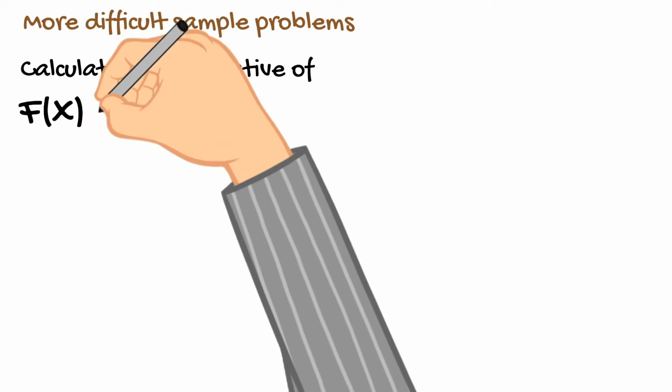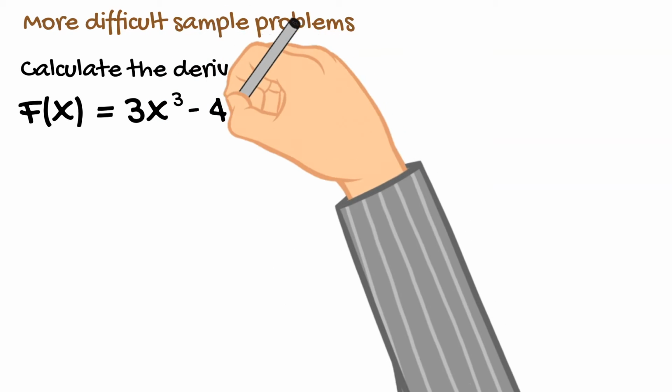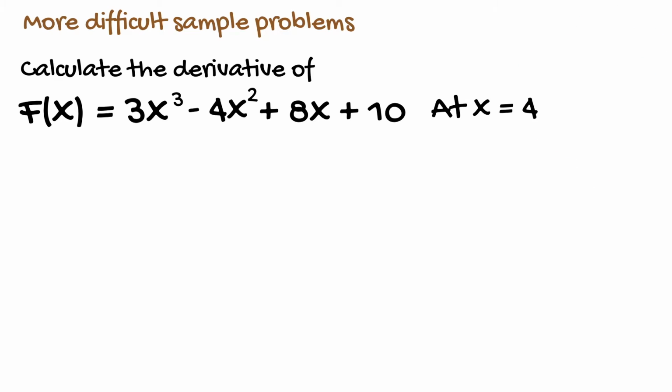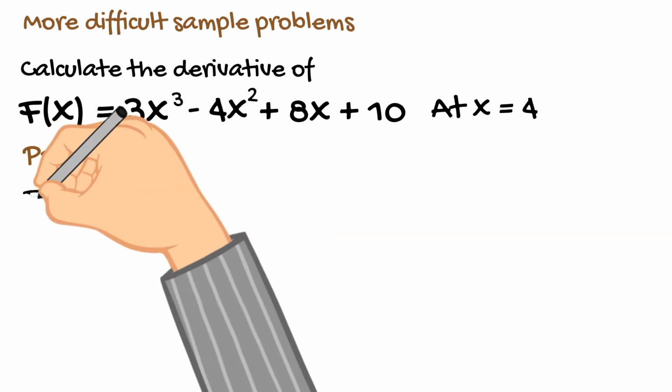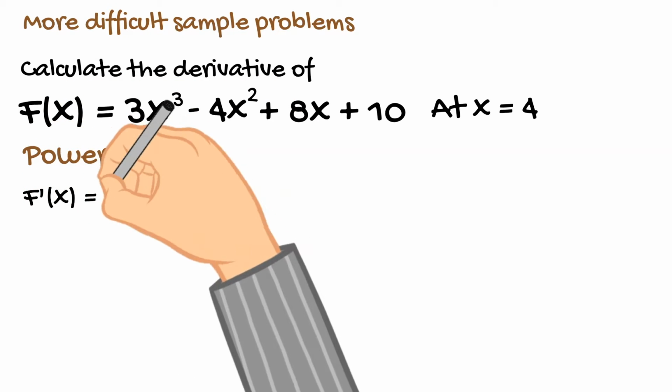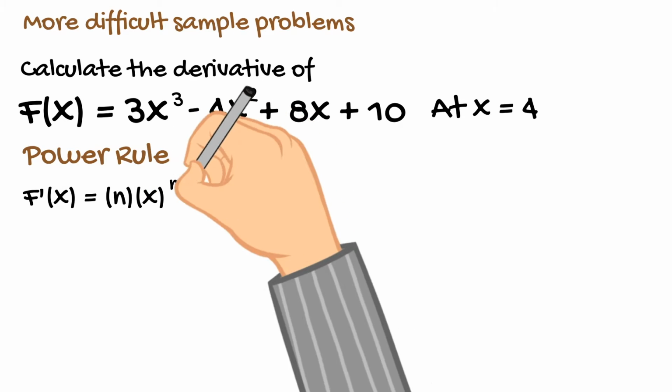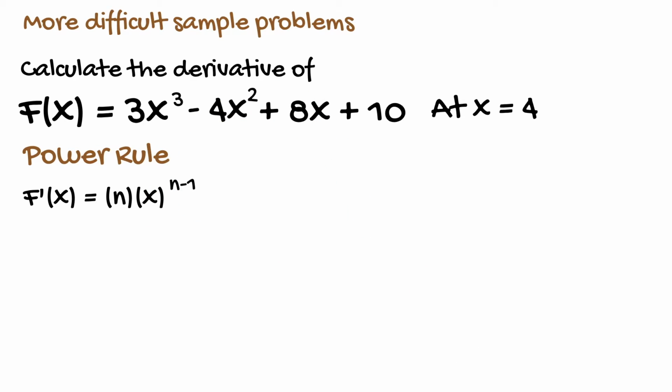Let's calculate the derivative of 3x cubed minus 4x squared plus 8x plus 10 at x equals 4. If we were to use the first principle, this would take us an eternity, so let's use the power rule. Let's recall that the power rule is n times x to the power of n minus 1, and since our function has 3 x terms, we have to use the power rule 3 times.